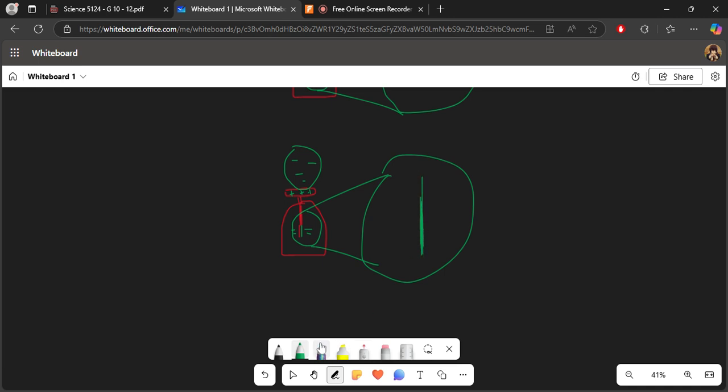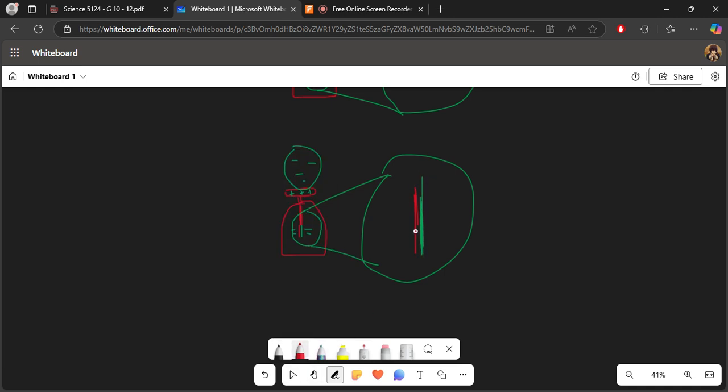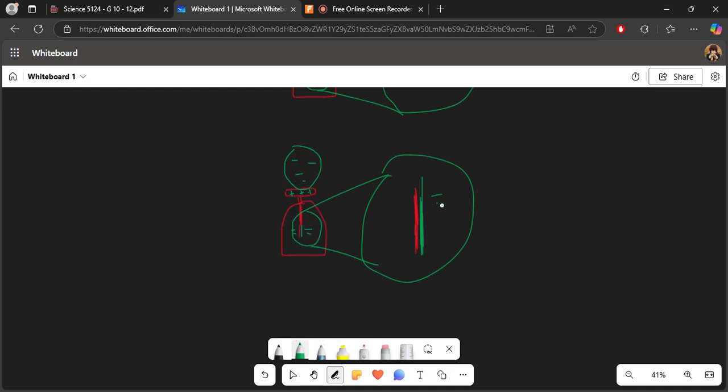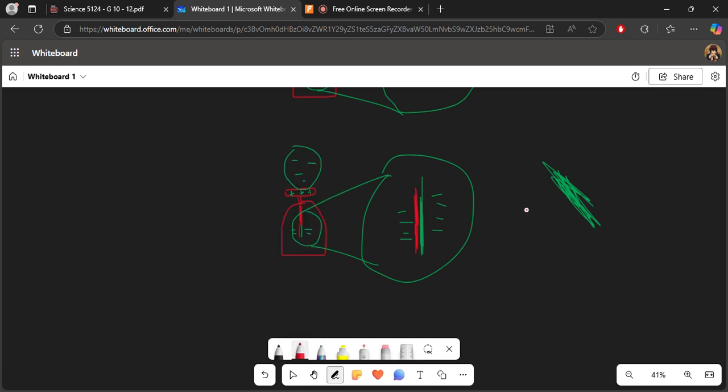So now here's the situation: one gold leaf, the other gold leaf, and we have a negative charge on both of them. So they will repel. One gold leaf will be like that, and the other gold leaf will be something like that.